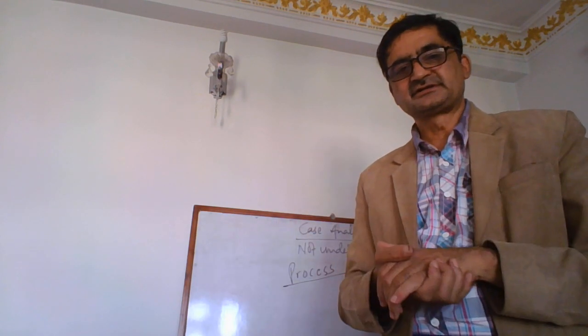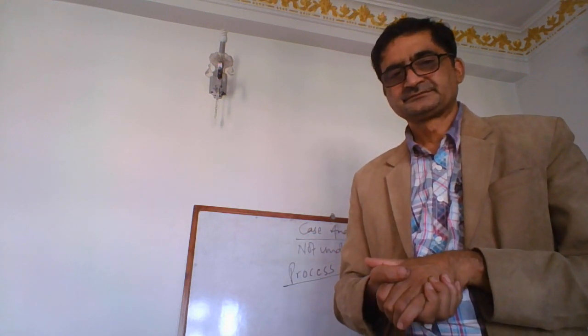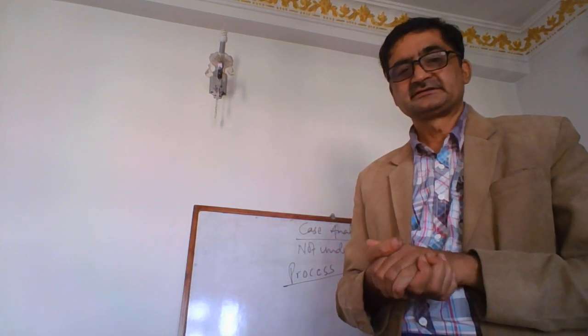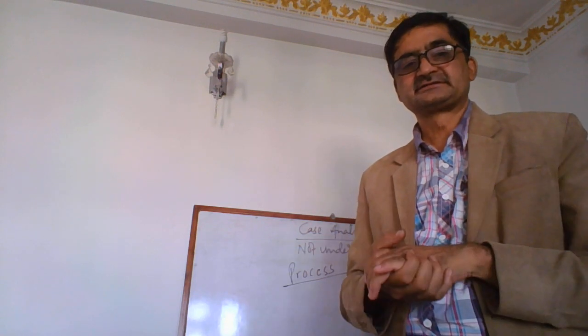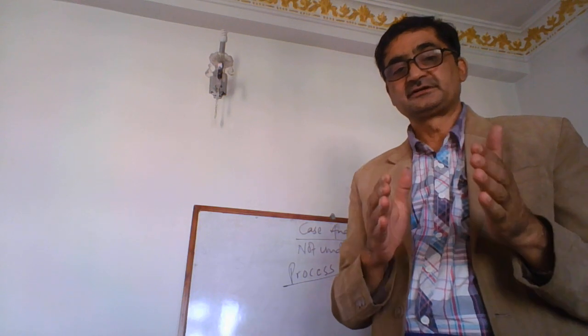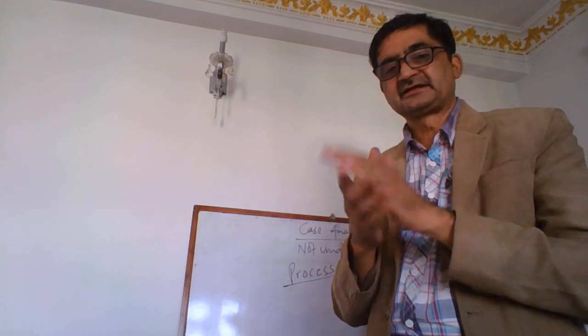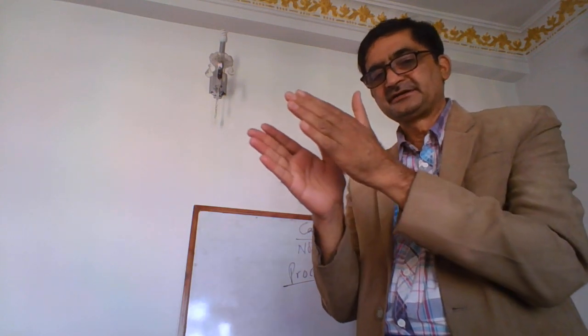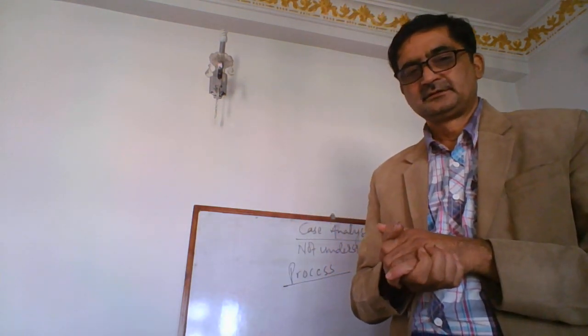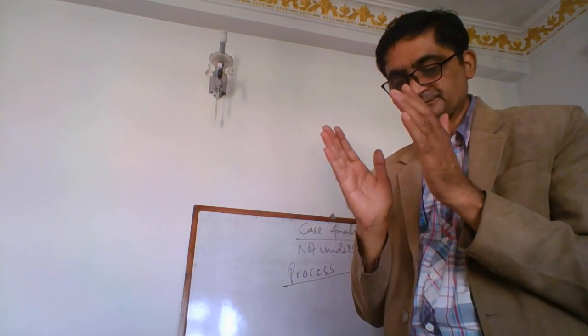Then okay, that may also be a good alternative, but not every manager can take that sort of risk. So you have to evaluate the alternative: what level of risk is there while implementing that alternative? Is the risk very high or low, right?